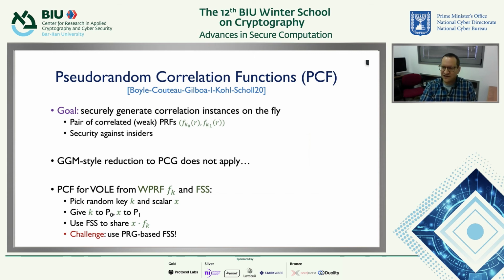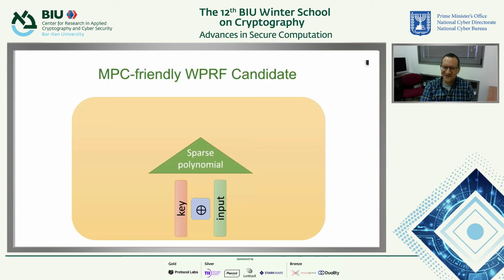So the real challenge here is finding a concretely efficient function secret sharing scheme for a family of secure weak PRFs. And for this, we introduce a new construction of weak PRFs, which is really surprisingly simple.